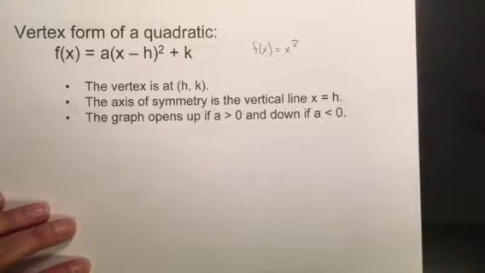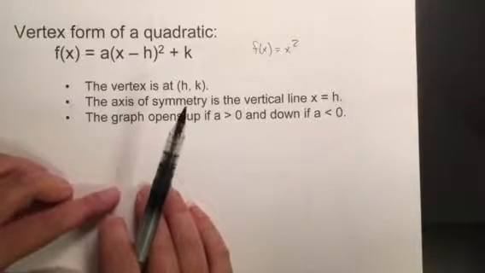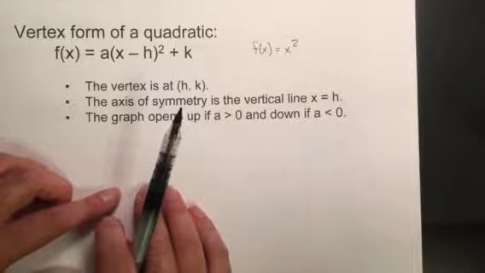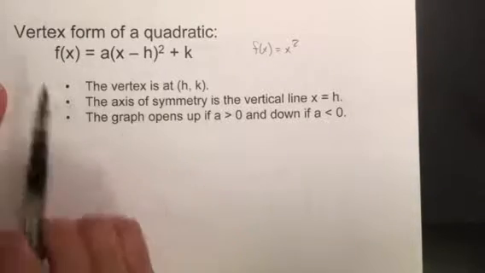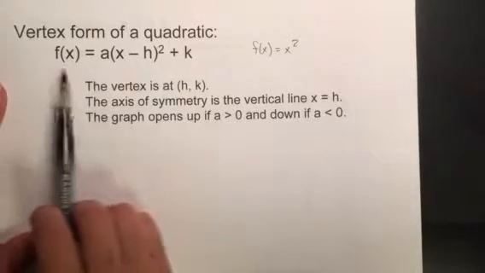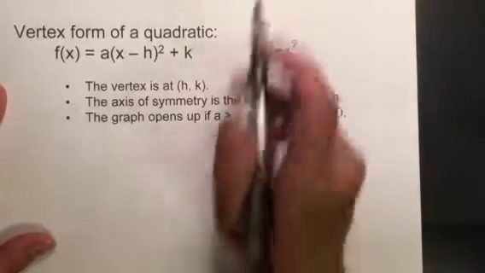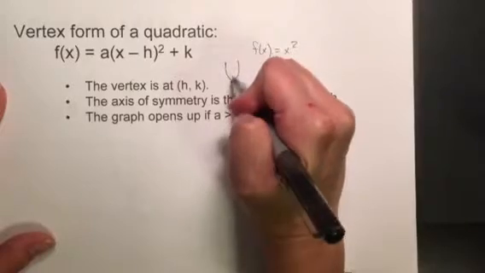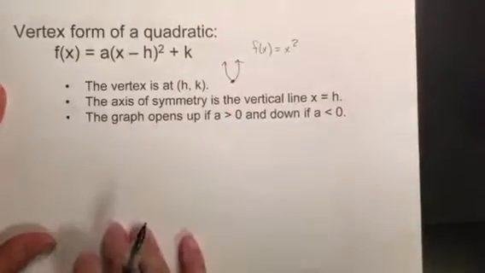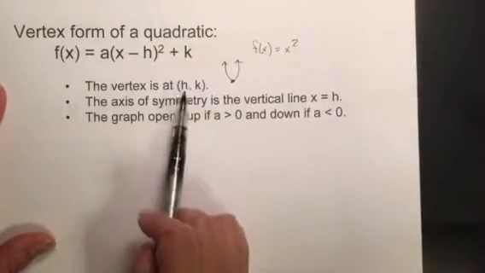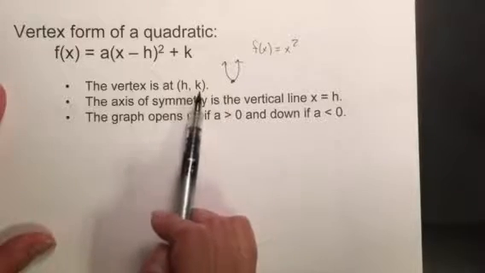So now we're looking at what we were looking at before when we did transformations, and we're talking about exactly what those different points and those different transformations mean. When we have a quadratic in vertex form, it looks like such. The vertex, which is this point on the function, is at (h, k).